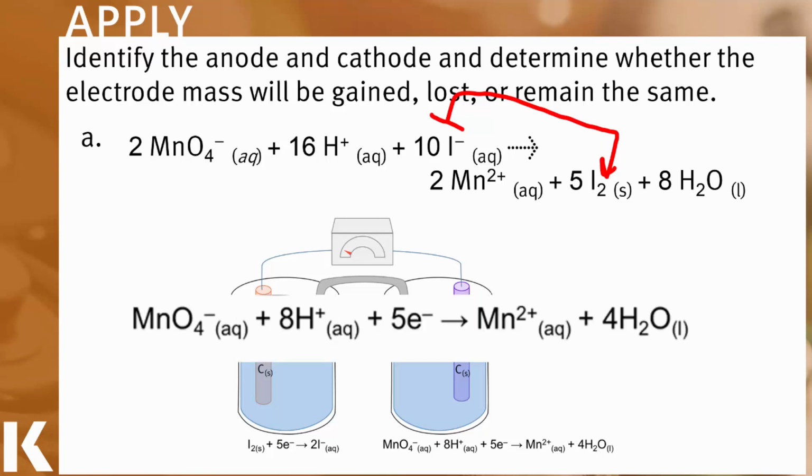To track down the reduction reaction, this is a little more complicated, but let's zoom in on what's happening for manganese. First, we end up with manganese as a 2+ cation. And manganese begins as part of a polyatomic permanganate anion with a net charge of -1.